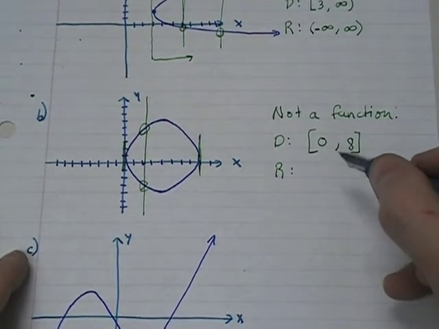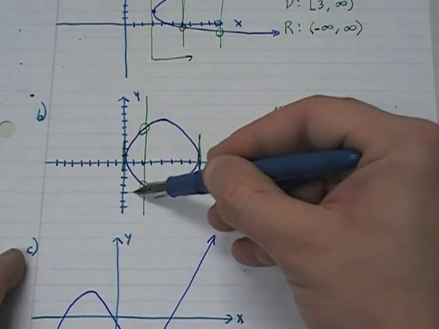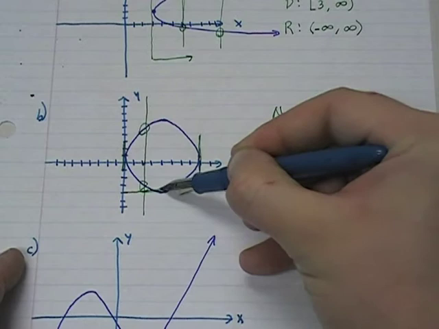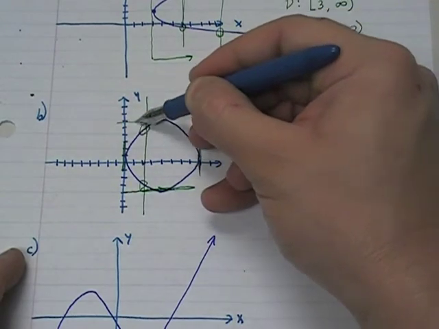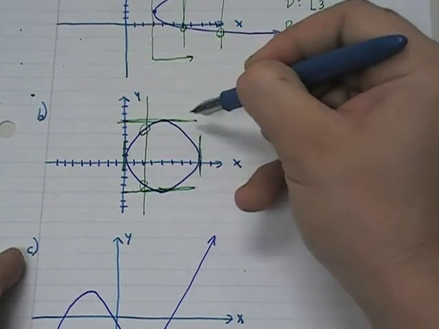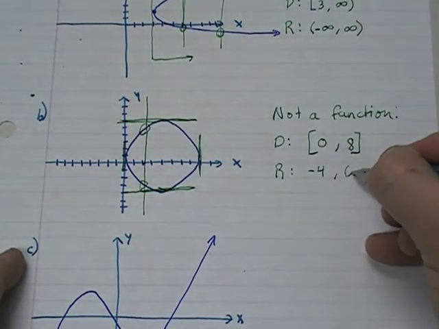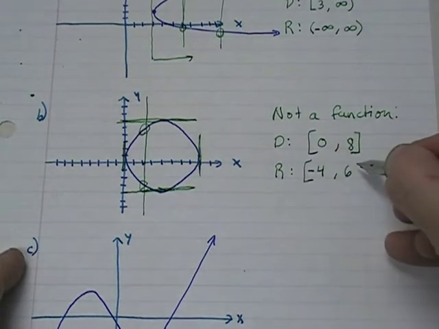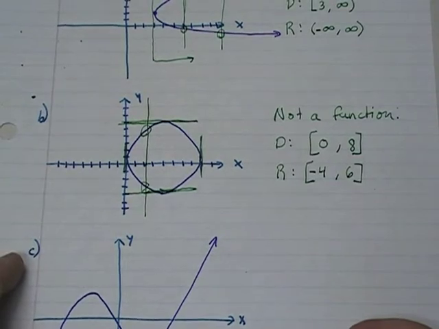Okay? How about the range? Well, it goes down 1, 2, 3, 4. Okay? And it goes up 1, 2, 3, 4, 5, 6. So this goes from -4 to +6. It touches both of those points, and so that would be our range. Okay?